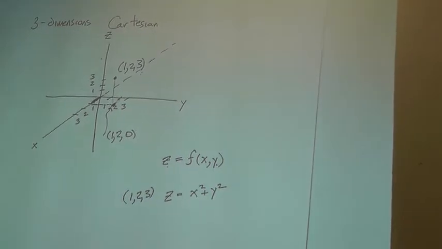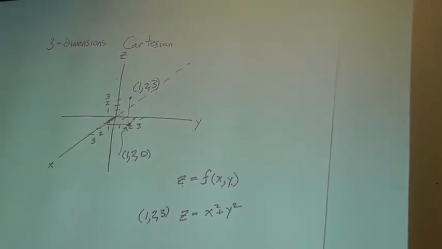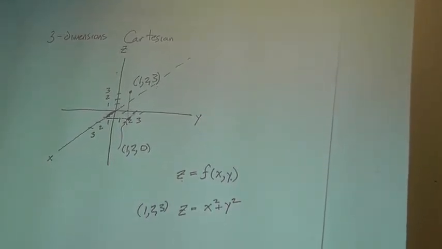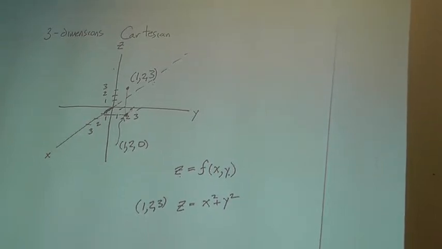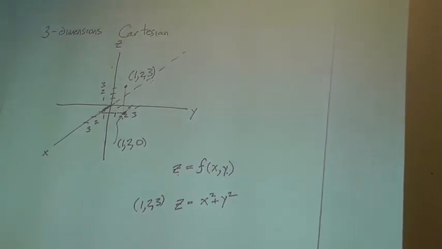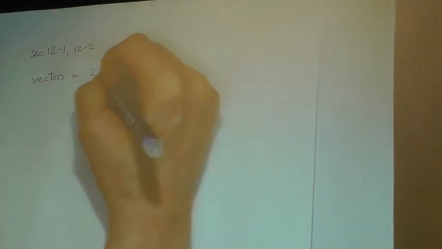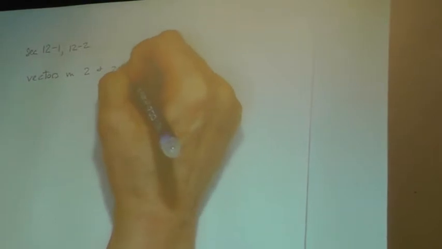I'm just going to do them both at once because there's not really any difference. So I'm not going to finish through this section, but I'll begin sections 12.1 and 12.2. So these are going to be vectors in 2 and 3 dimensions.